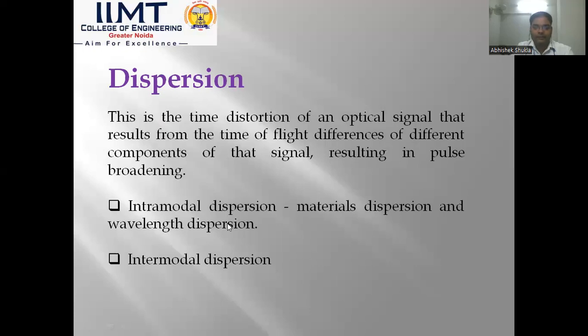And wavelength dispersion is just at the receiving end, we are getting a delay in the arrival of the light. And intermodal dispersion basically occurs in multi-mode fibers, means if it is connected to different modes or different multi-mode fibers, this intermodal dispersion occurs.